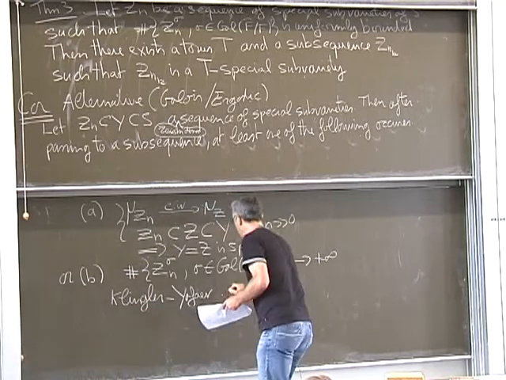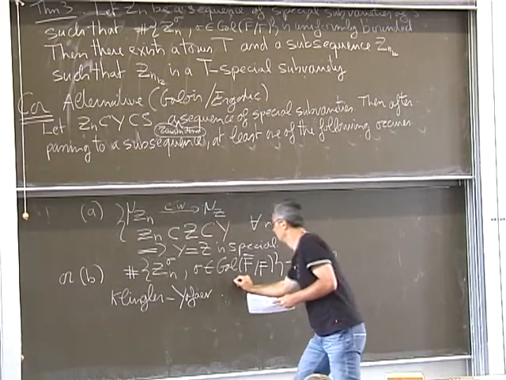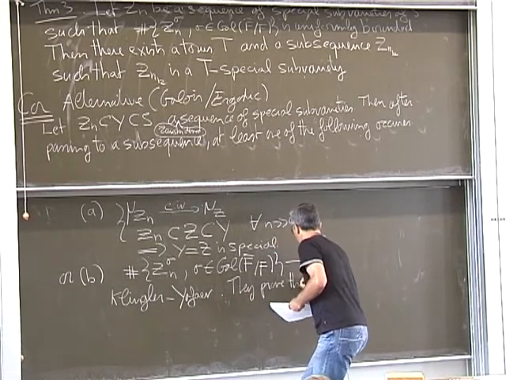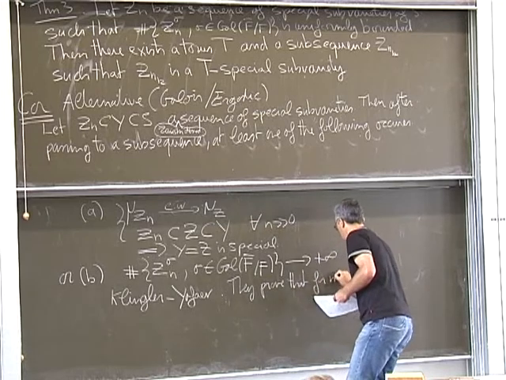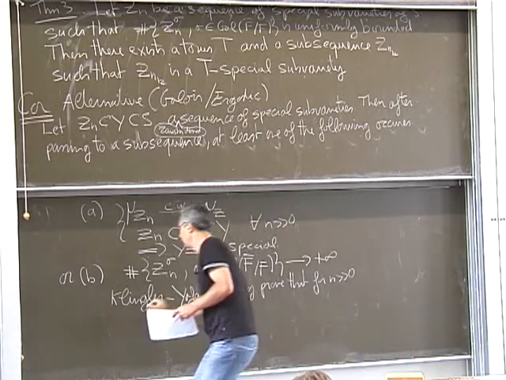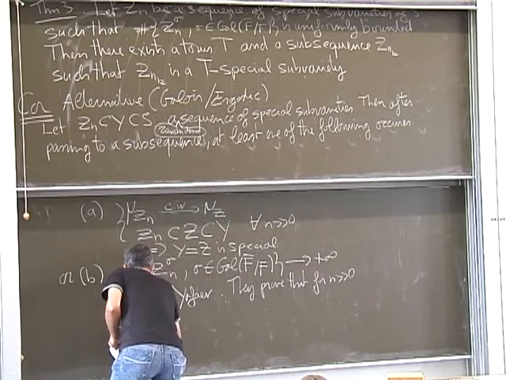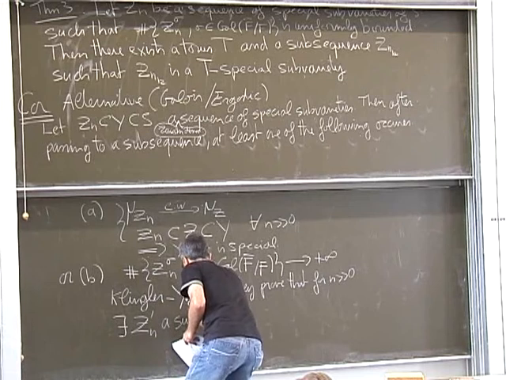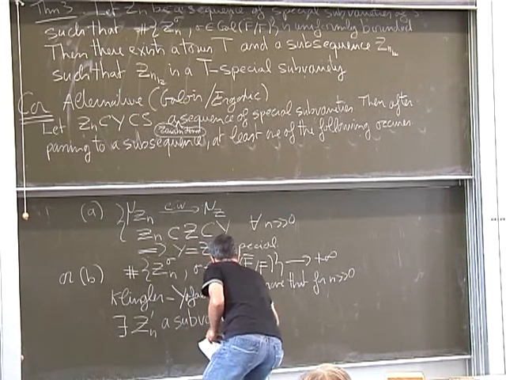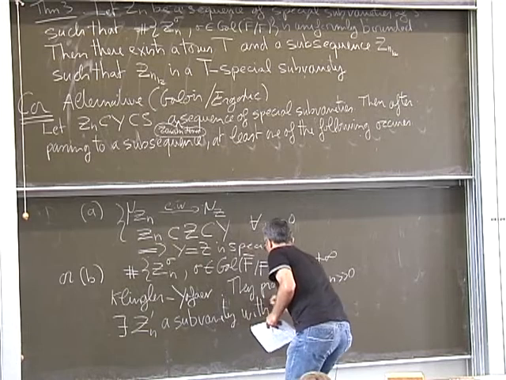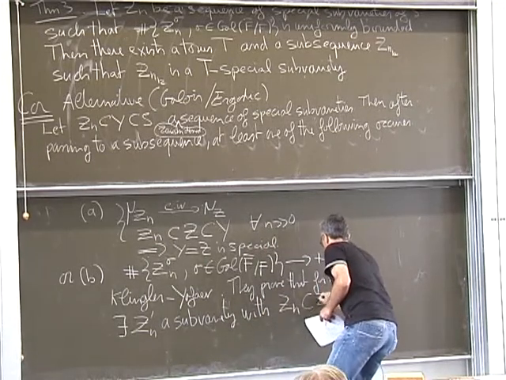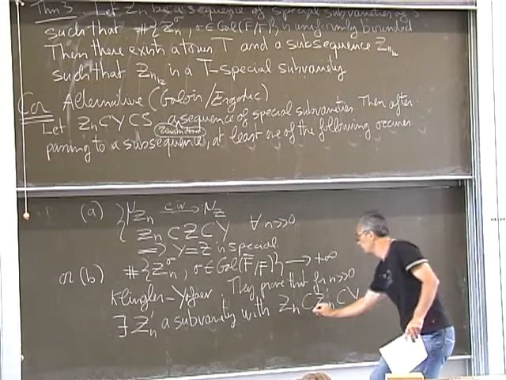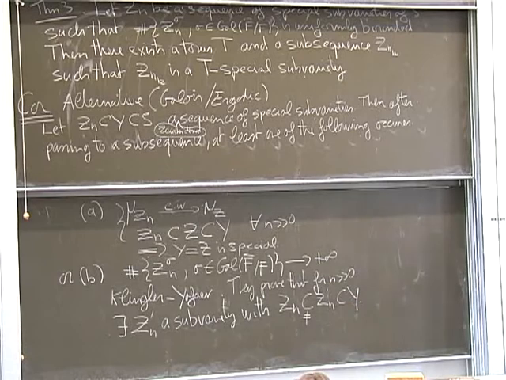And in this case, they are able to prove that for n big enough, there exists Z'_n a special subvariety with Z_n inside Z'_n inside Y. And the important fact is that here it's different.